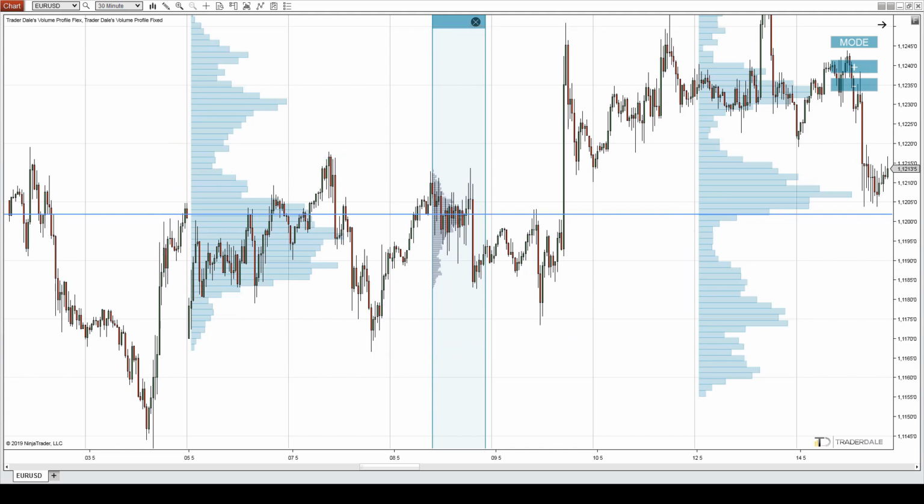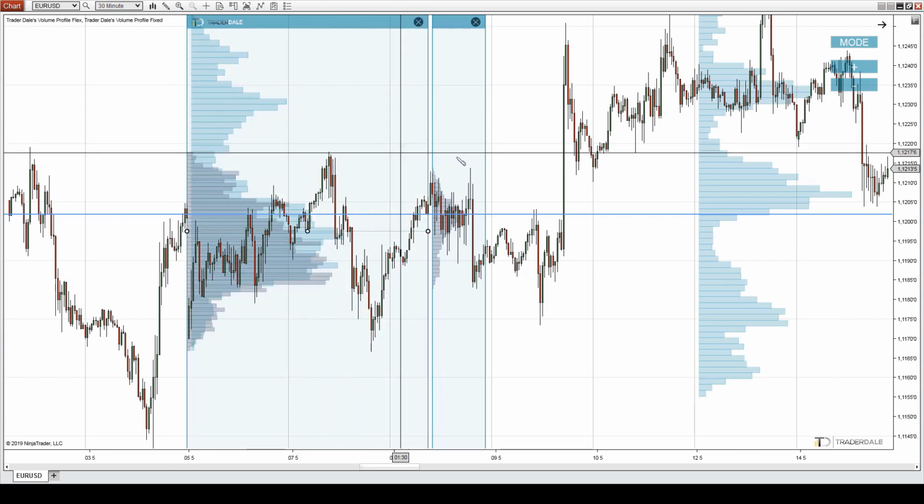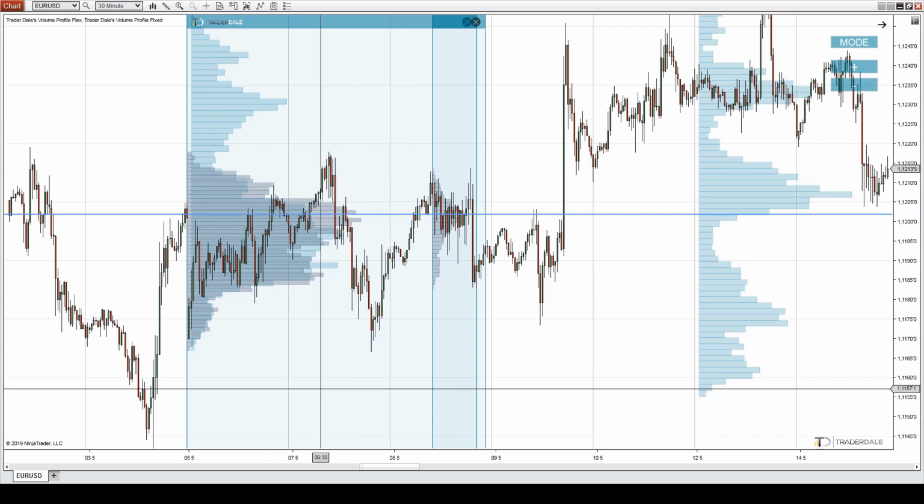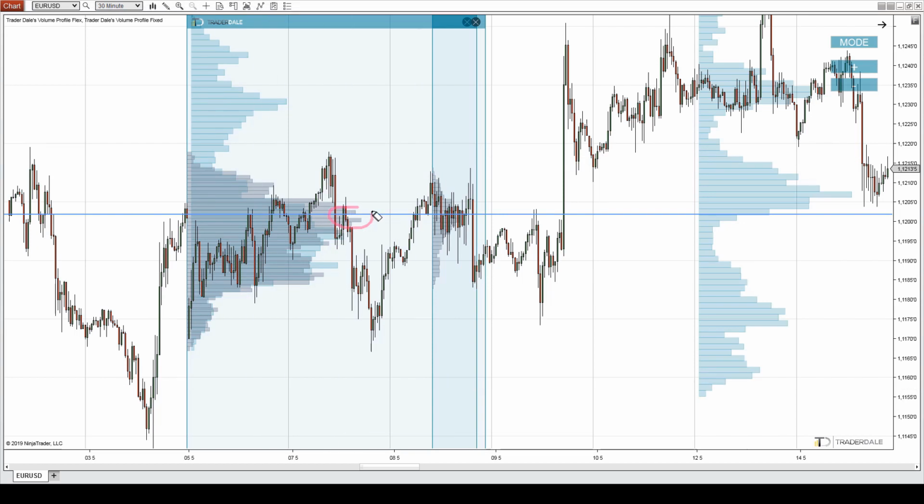But at that time, when the setup got formed, the weekly profile looked exactly like this, with heaviest volumes in here, very close to our level. Alright, so at that time, this would be nice confirmation of the level. As you can see, there is very strong, very nice reaction to it.